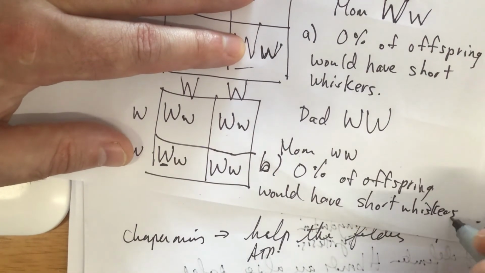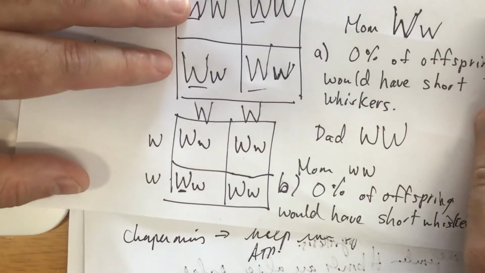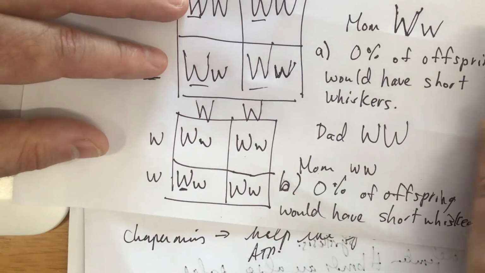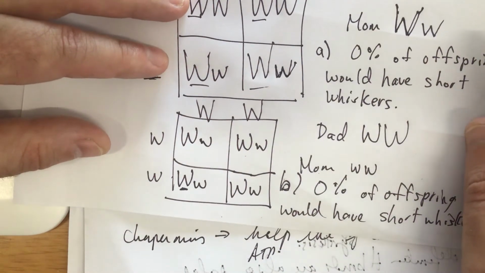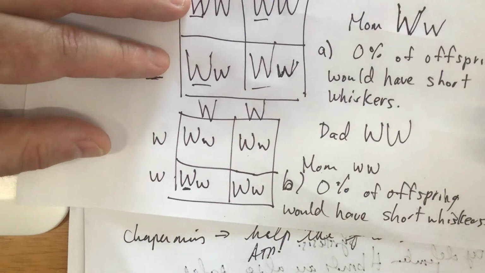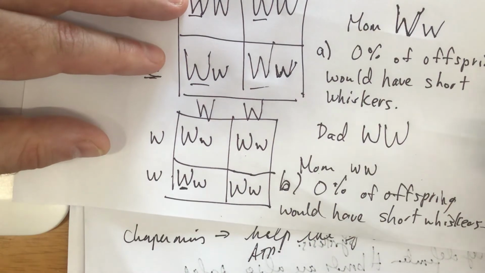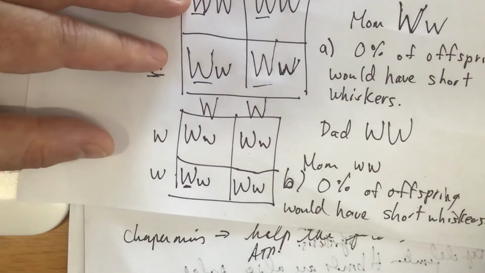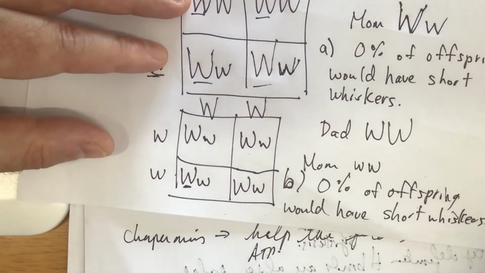So I hope some of you are thinking to yourself that, well, if this is the case, then how do we get offspring? How do we get baby seals in this case? How can they actually have short whiskers? What kind of combination of alleles can give us short whiskers?